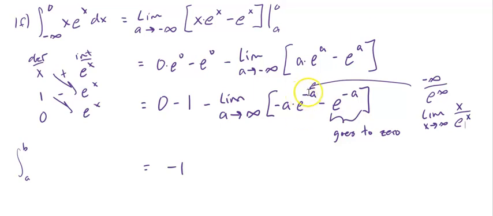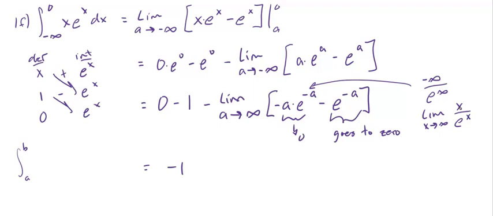This negative is exponential decay. I could pop it to the bottom and make it a positive. So I've got something going to infinity over something going to e to the infinity. The e to the infinity is way, way bigger. So this whole thing also goes to 0, because I've got a way bigger denominator than I have in the top. So this also goes to 0.